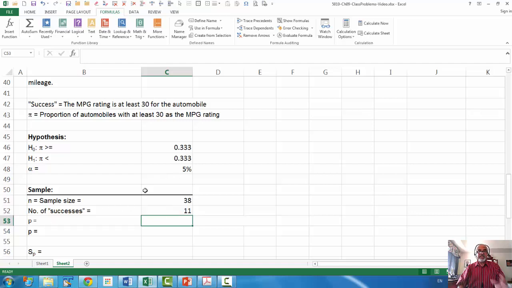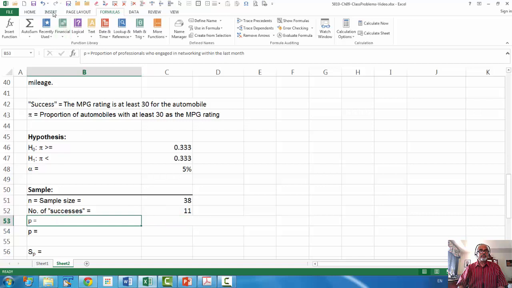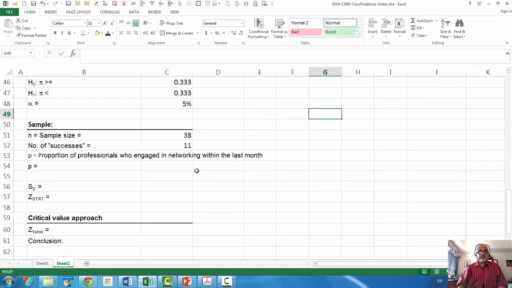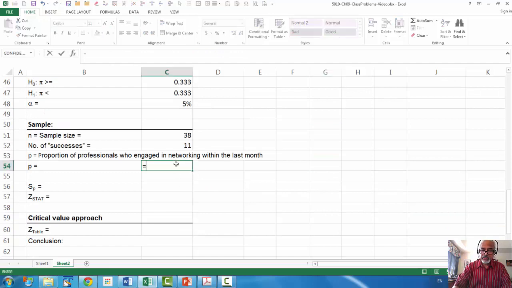So P then is the sample proportion. That sample proportion is that divided by that.